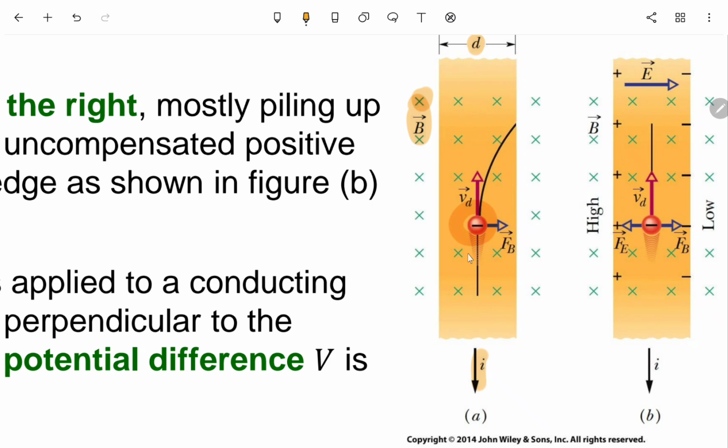V is pointing upwards, B is pointing into the page, so V cross B is pointing to the left side. This is a negative charge, so Fb points to the right side, which means the Lorentz force will push the electrons to the right side. In such a way, the negative charge will accumulate on the right side.